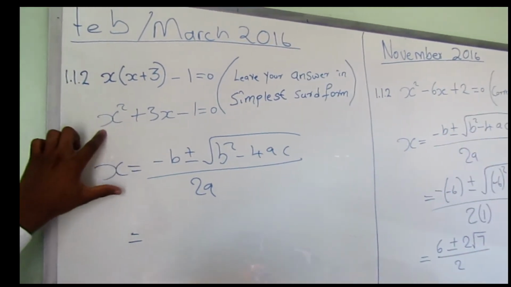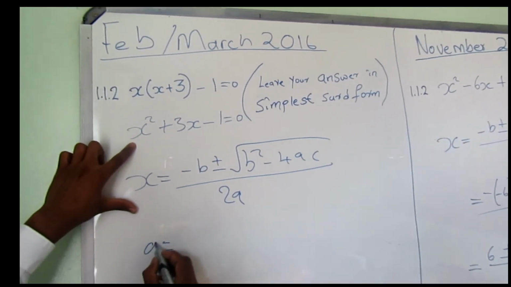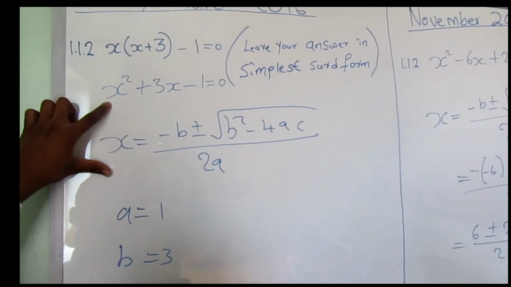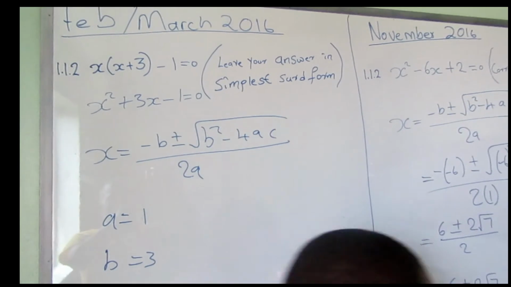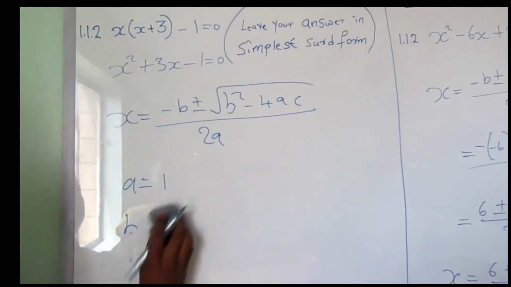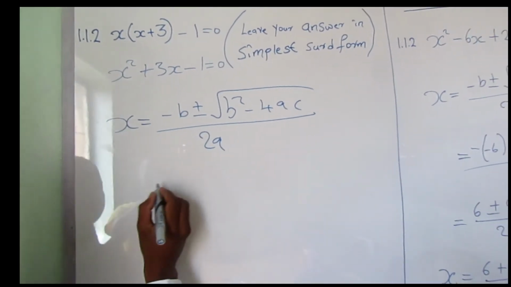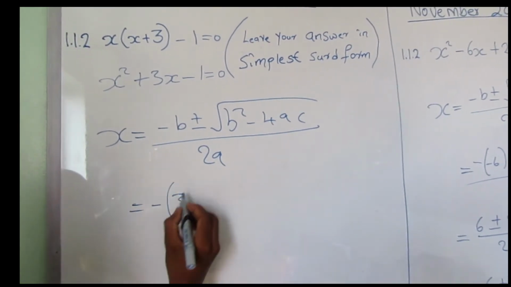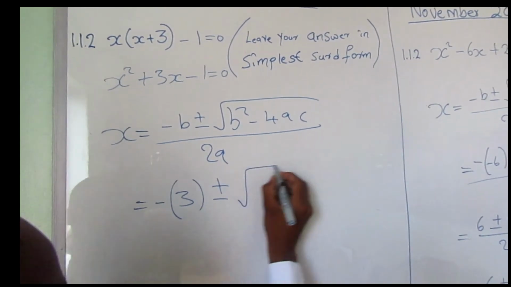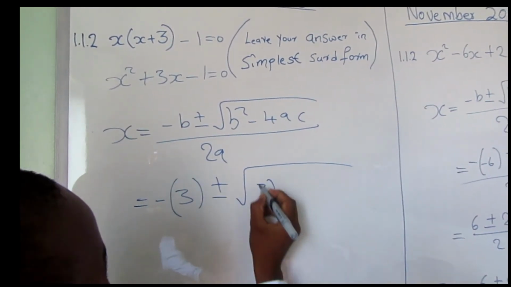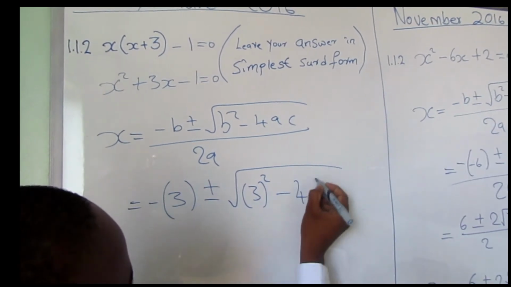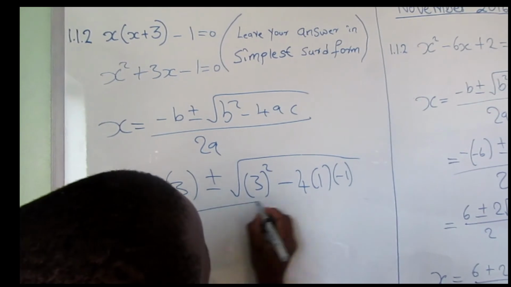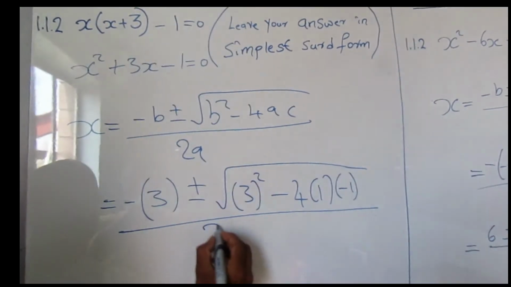Then on this one, our a is 1, our b is 3, our c is -1. Then when you simplify it, it's going to be negative. Do not forget to put brackets. 3 squared minus 4 times 1 times negative 1, divided by 2a.